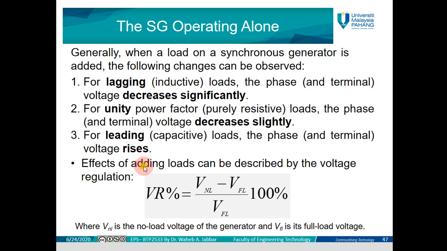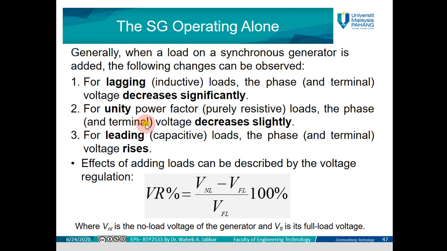So if we have plus 5 kilovar, for example, and minus 5 kilovar, it's equivalent to not having any inductive or capacitive load, because plus 5 minus 5 is 0. So in this case, our system will behave as if it has unity power factor.